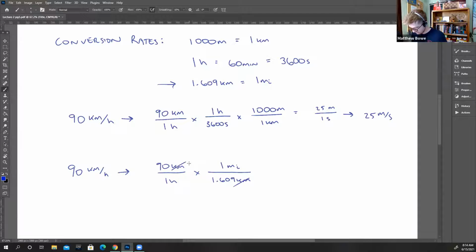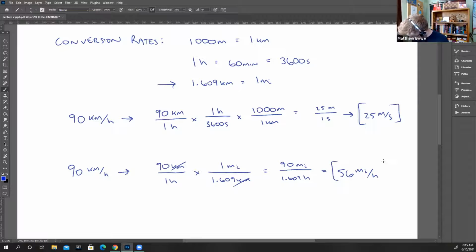And by doing this, I'm left with, I guess I could write it out in full, 90 miles divided by 1.609, and the units down here are hours. And if you do this division, it turns out to be about 56 miles per hour.